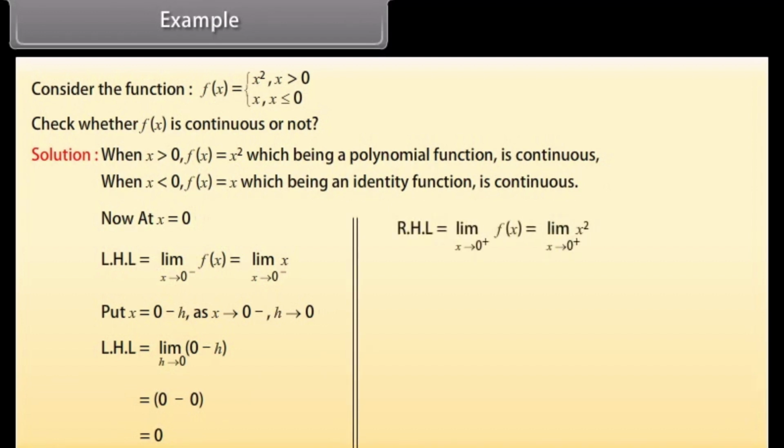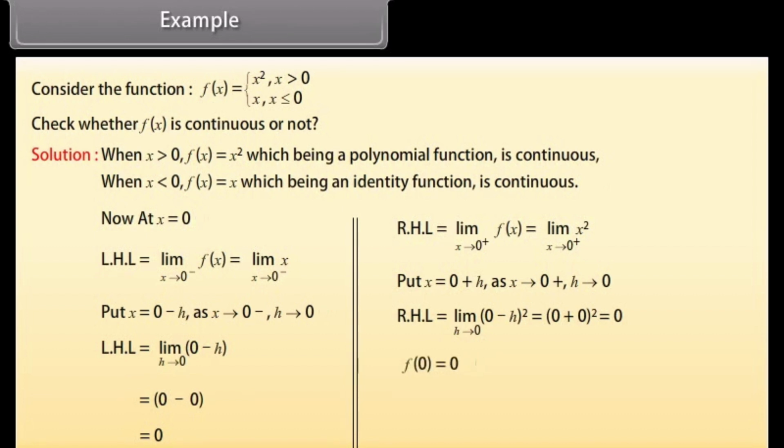Right-hand limit is equal to limit x approaches 0 plus of f(x), which is limit x approaches 0 plus of x squared. Put x equal to 0 plus h; as x approaches 0 plus, h approaches 0. Right-hand limit is equal to limit h approaches 0 of (0 plus h) squared, which is 0 plus 0 squared, equal to 0.